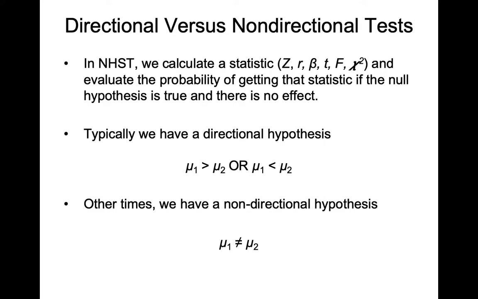So it's kind of like this unestablished procedure, and we're saying to ourselves, maybe it will work, or maybe it will not work and things will get even worse. So that would be an example of a non-directional hypothesis where we're just predicting that there will be a difference between these two populations, a treated versus an untreated population, but we can't be confident about what the direction of the effect will actually be.